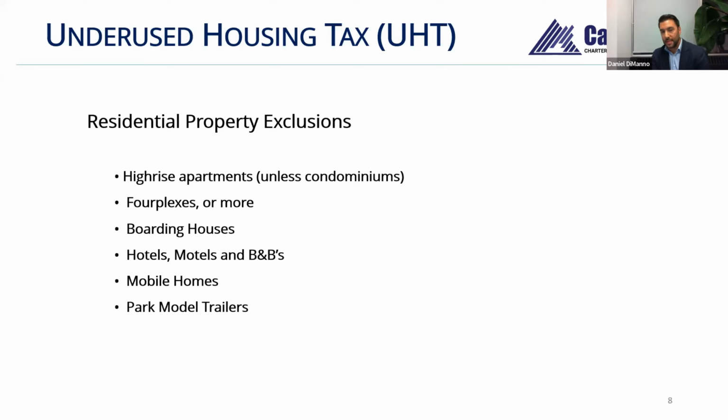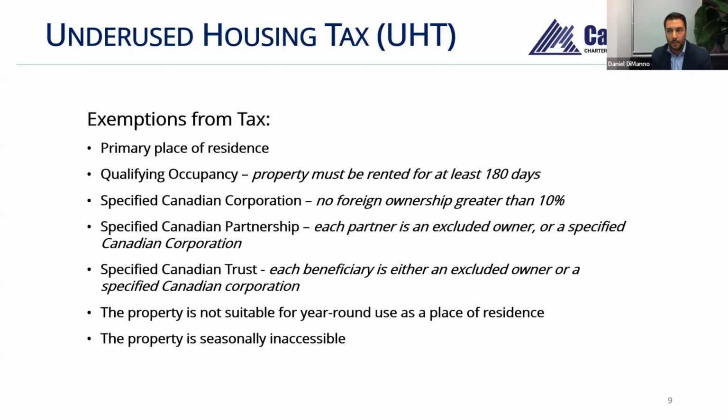So although he owns the entire building and it looks like a multiplex, he has 8 separate units and has to file 8 separate UHT returns. That's a rare situation, but it does happen. If anyone of you or anyone you know is in a circumstance like that, you've got to be careful not to miss that, because once we get into discussing the penalties, you'll see it's quite punitive to miss these returns.